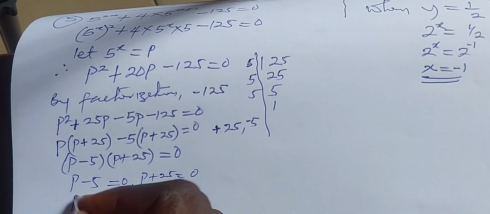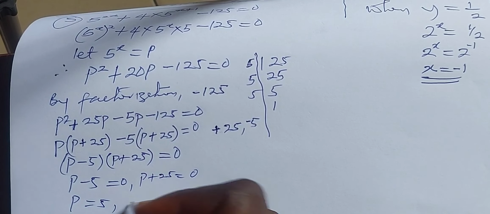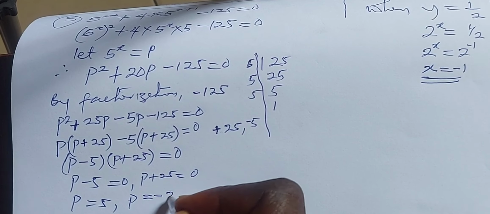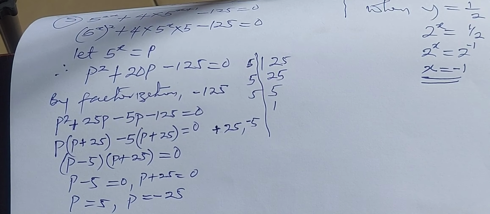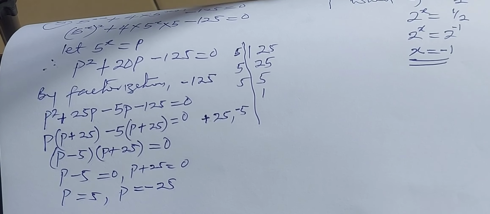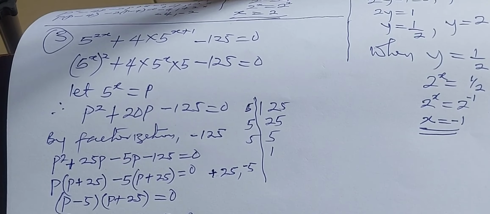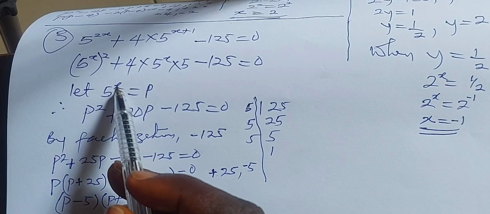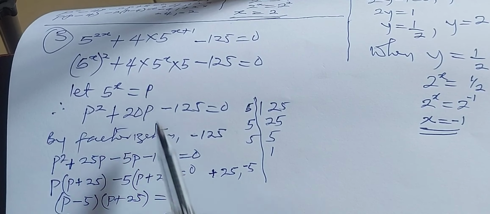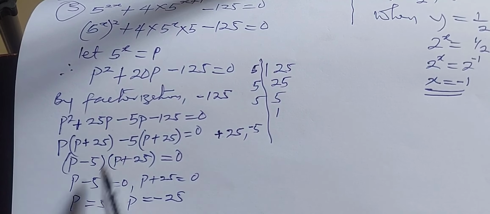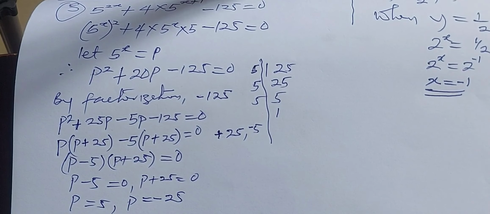What is the value of p? p equals 5, and p equals minus 25. But we are not looking for p, we are looking for x. Remember, we said 5 raised to the power of x equals p. Now we have gotten the values for p, so let's find the value of x.